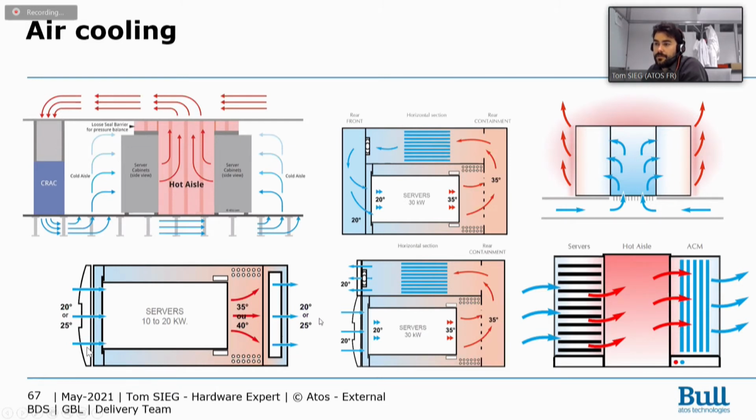Of course, the data center normally has a temperature maintained between 20 and 30 degrees. It's a normal temperature in a data center, 20 and 30 degrees. A data center has to be accessible in all cases.